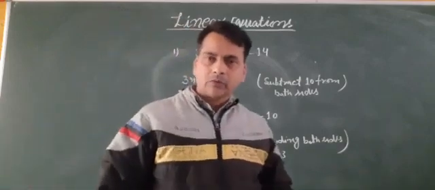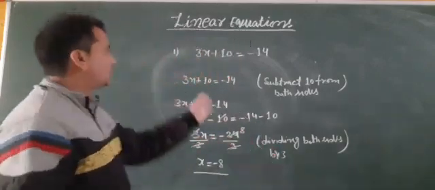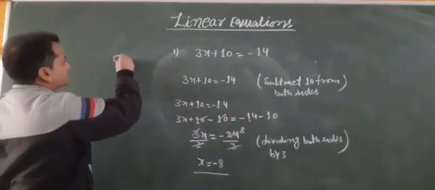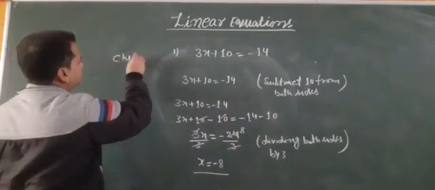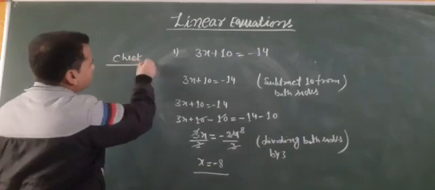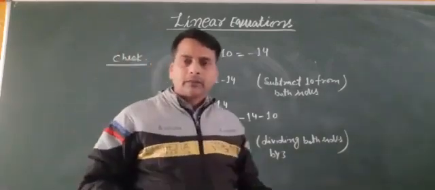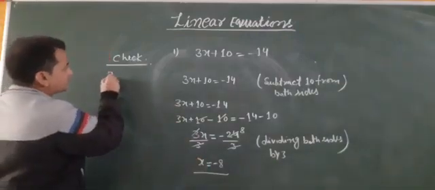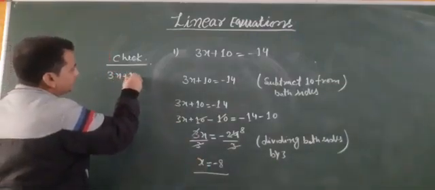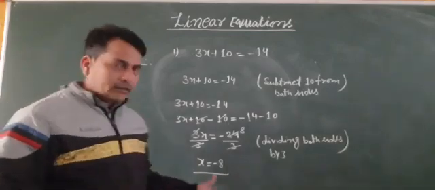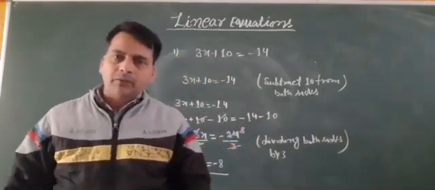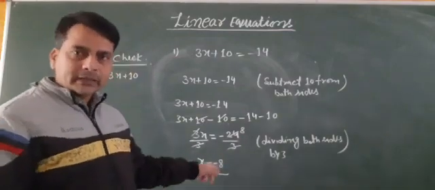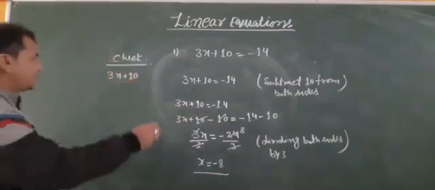Now check whether the solution is right or wrong. Check for your answer. The left hand side is 3x plus 10. Put the value of x equal to minus 8 in 3x plus 10.